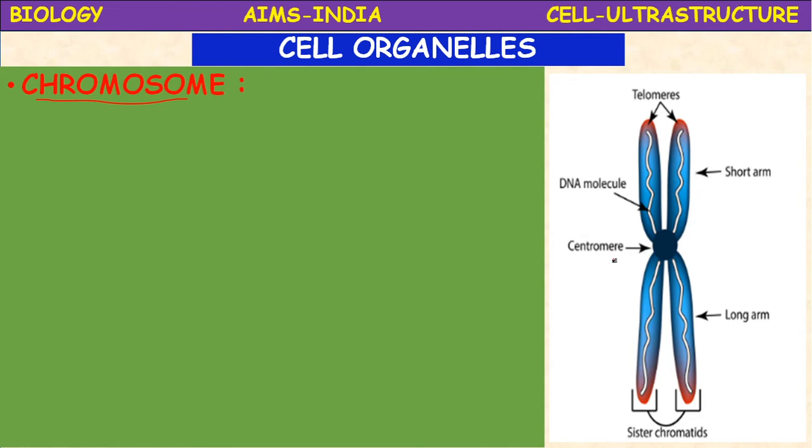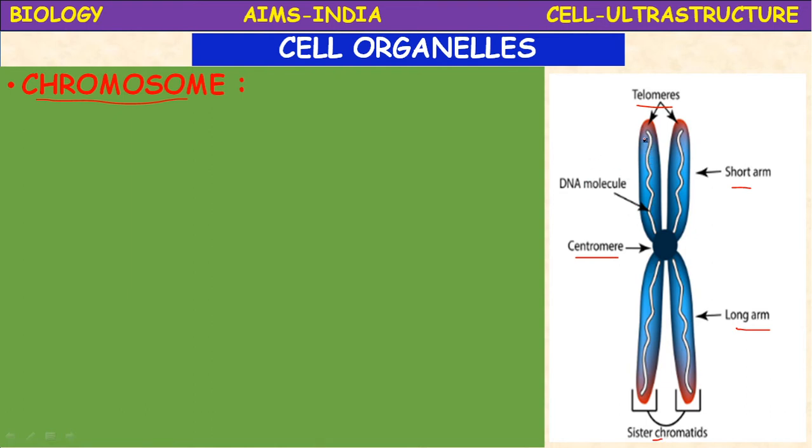They contain a centromere, and two arms are present, a pair of arms, short arm and long arm. And these arms called the telomeres and sister chromatids on either side.